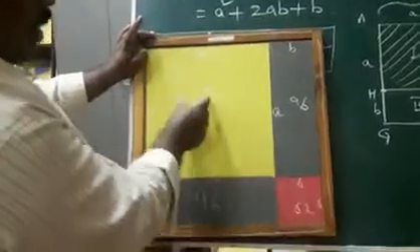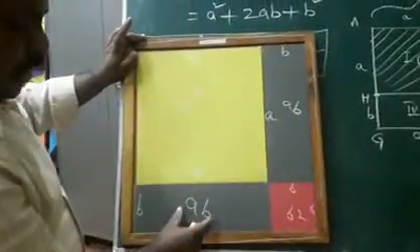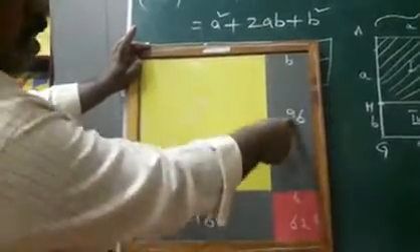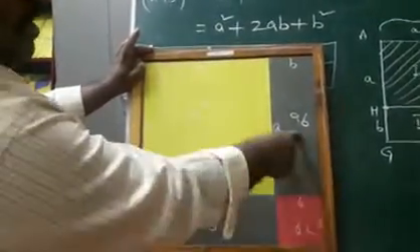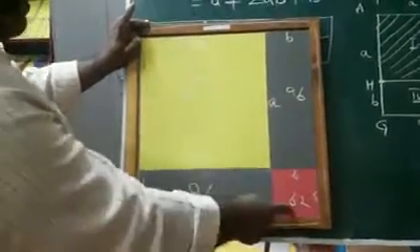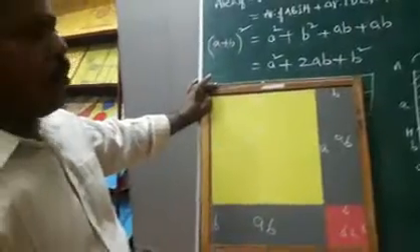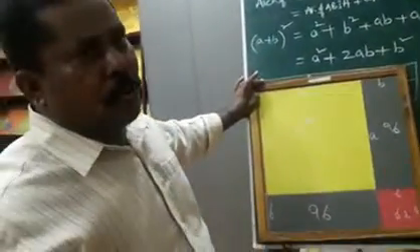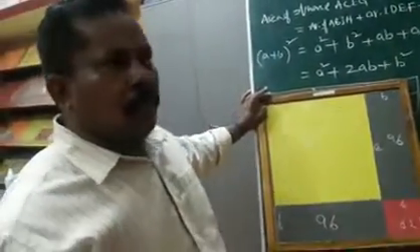Therefore A square plus, how many ABs are there? Rectangular pieces 2. Therefore 2 ABs are there. Therefore B square. A square plus 2AB plus B square. This is the geometrical proof of A plus B whole square is equal to A square plus 2AB plus B square. Okay, thank you children.